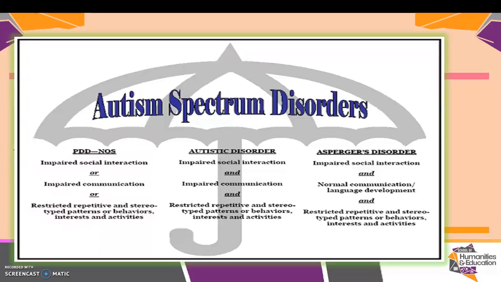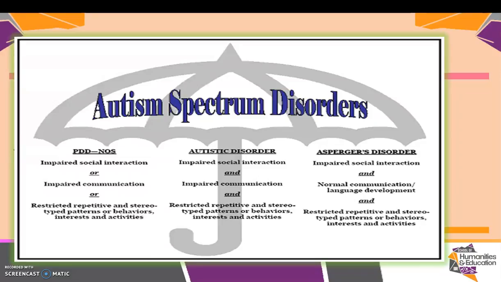There are 3 separate diagnoses for autism spectrum disorders that have been used in the past, and these were PDD, which stands for pervasive developmental disorder not otherwise specified, autistic disorder, as well as Asperger's syndrome.